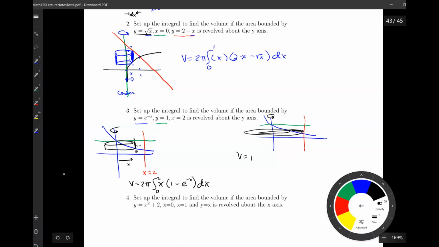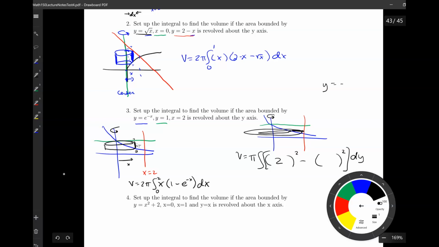Perpendicular, I see that it gives me a washer, so squared minus squared, and I can see that it's dy integration. So the outside radius goes all the way out to x equals 2, so that would be 2 here. The inside radius is from here to the blue function, which is y equals e to the negative x.